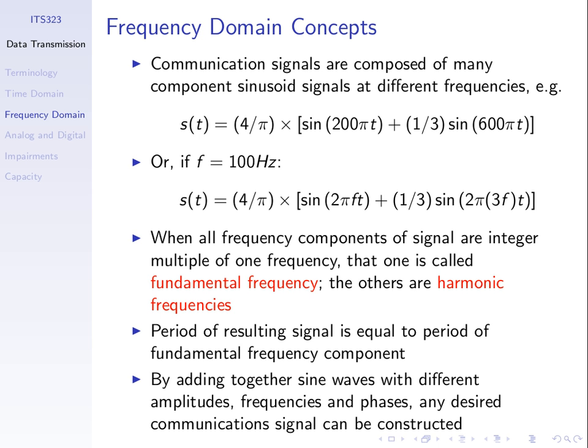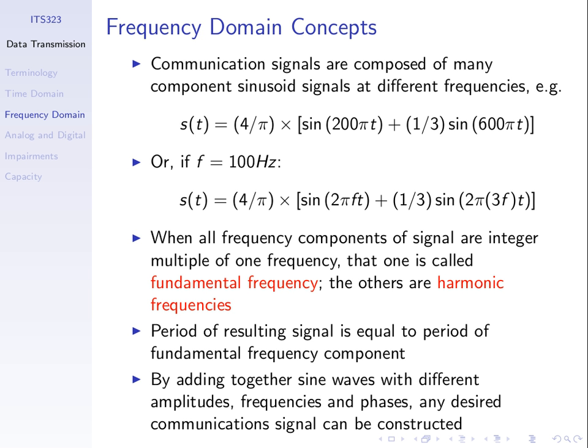If we create a signal with this structure where each of the components has a frequency which is an integer multiple of one of the other component frequencies, then we say that the one frequency which they're all multiples of is called the fundamental frequency. In this, F1 is frequency 100, F2 is 3 times 100. S, the one on the screen, has a fundamental frequency, lowercase f for fundamental, of 100 Hertz.